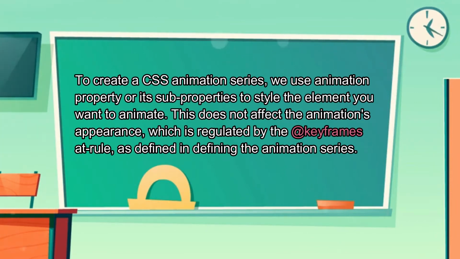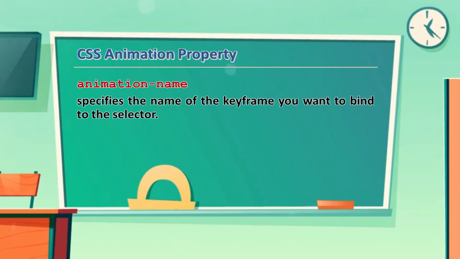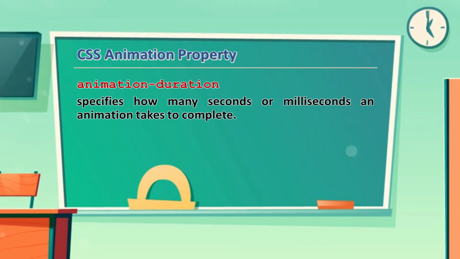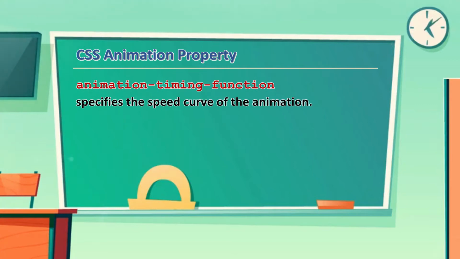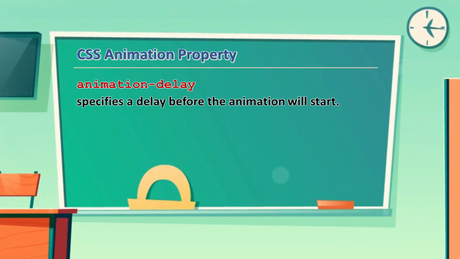as defined in defining the animation series. The animation name value specifies the name of the keyframe you want to bind to the selector. The animation duration value specifies how many seconds or milliseconds an animation takes to complete. Animation timing function specifies the speed curve of the animation. Animation delay specifies the delay before the animation will start.